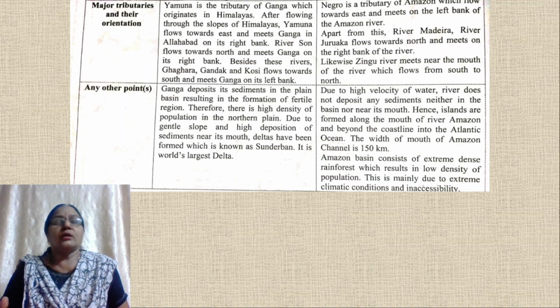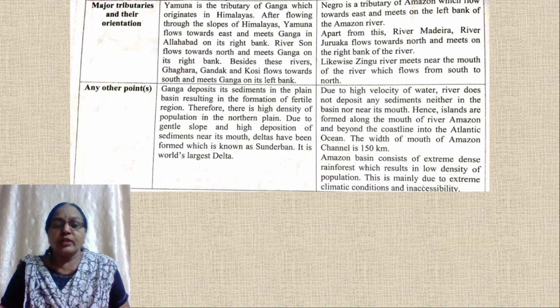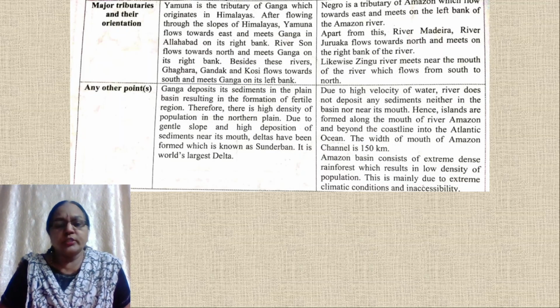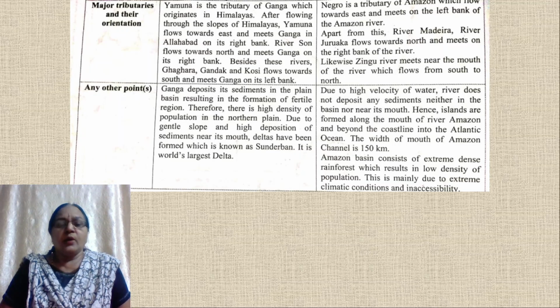The sediments which are brought by the river Ganga and its tributaries are very, very fertile, and hence, because of its fertility, we find a high density of population which is concentrated in the northern plain.